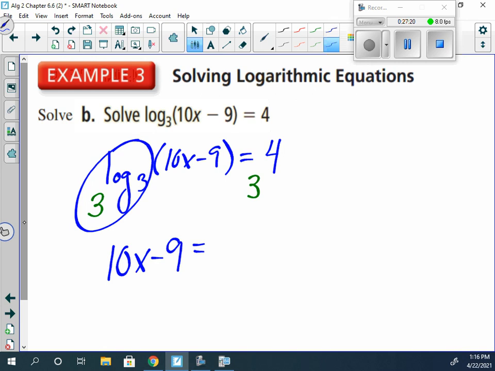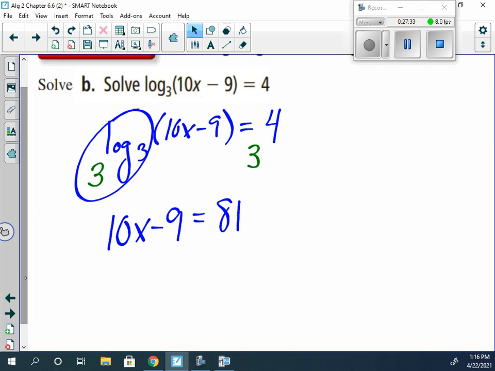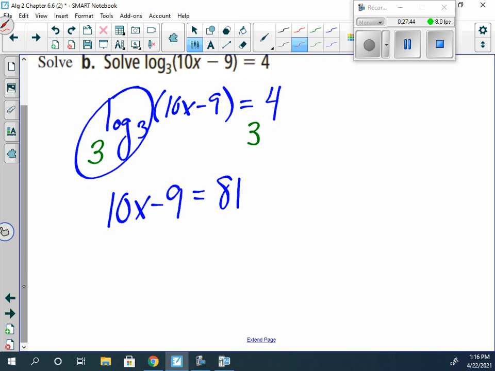Now on the other side, we have 3 to the 4th. And 3 to the 4th would be 81. Because 3 times 3, 3 squared is 9. 9 times 9 is 81. Now what can we do next?